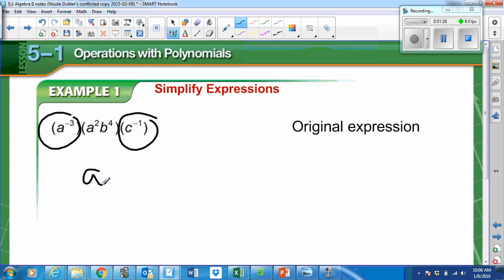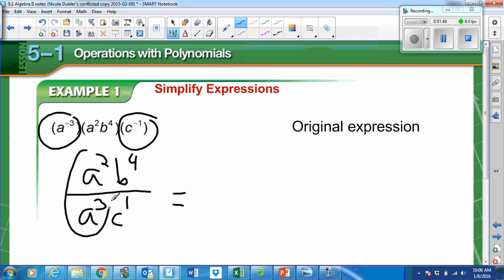So we're going to rewrite this as a squared b to the fourth. That's not going to move. And now it's going to be over a to the negative third, a to the third, c to the first. And now we see that we can actually simplify. We don't have any b's or c's that we can combine, but we do have these.